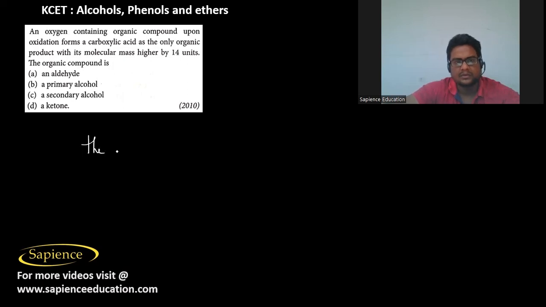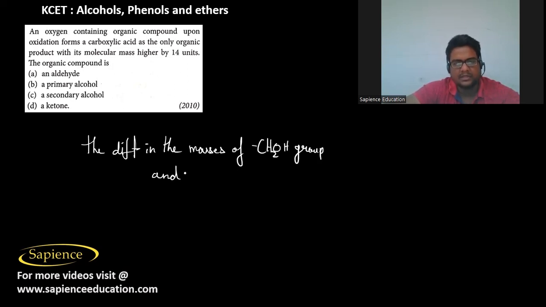So as you can see, the difference in the masses of the CH2OH group and the carboxylic acid group is how much?